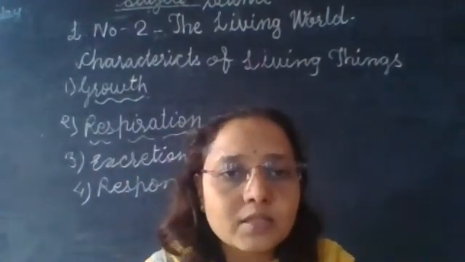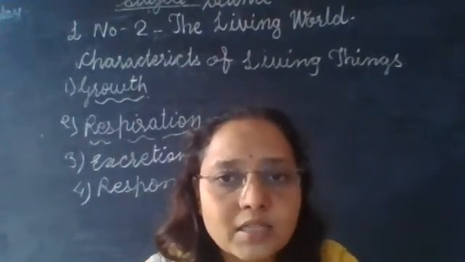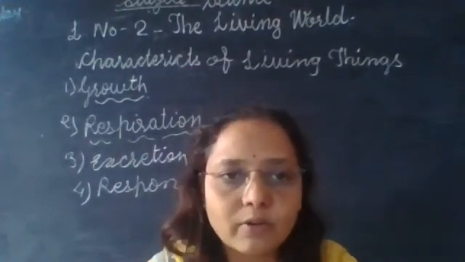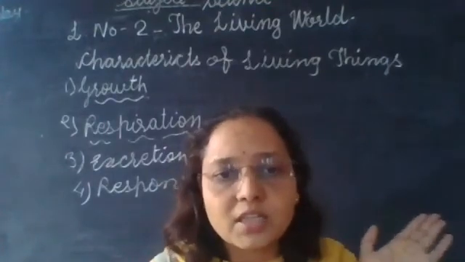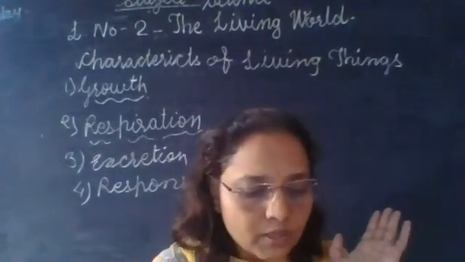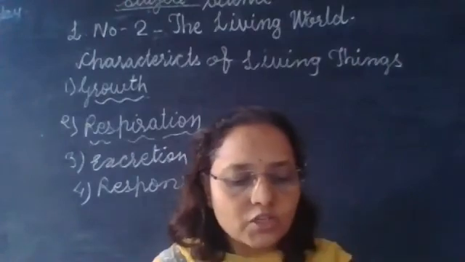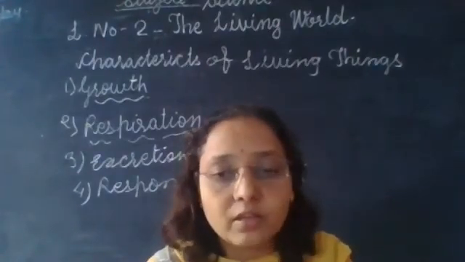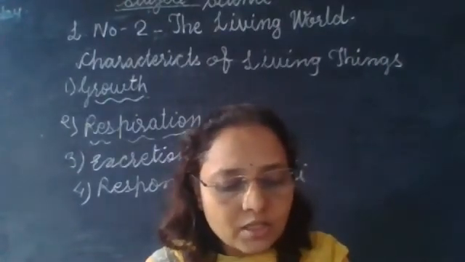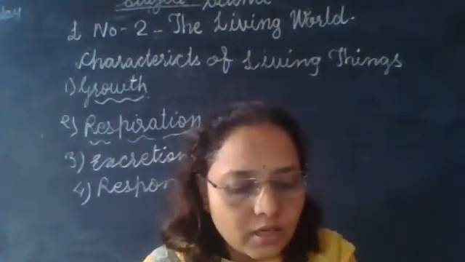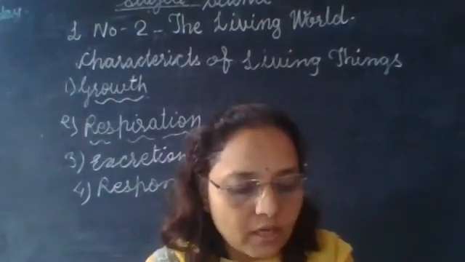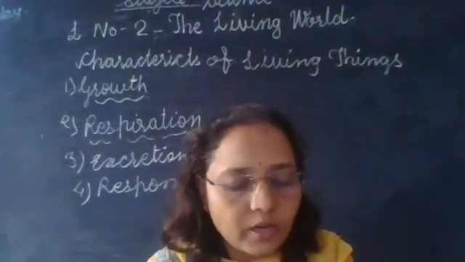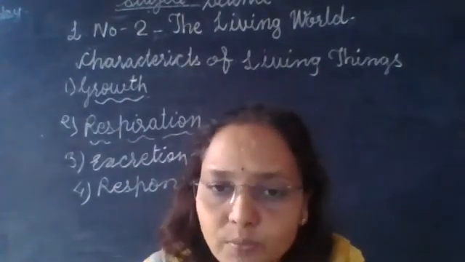So these are the characteristic features of living things: growth, respiration, excretion, and response to stimuli. The movement or change taking place in the living thing at such a time is its response to the stimulus. An event that occurs in the surroundings is a stimulus.